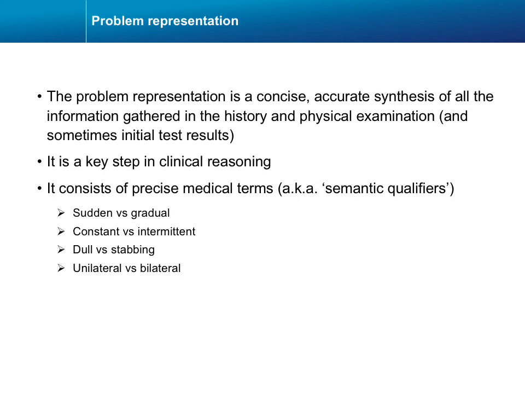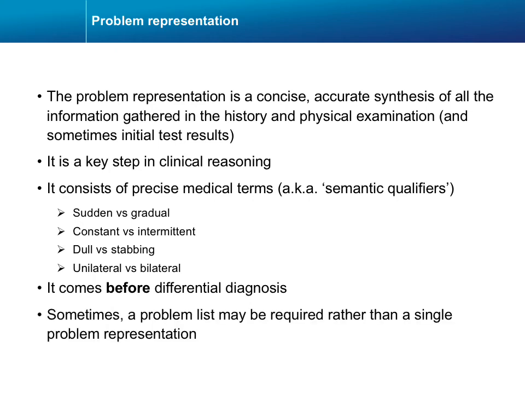It consists of precise medical terms. These are also known as semantic qualifiers. Binary abstract descriptors such as sudden versus gradual, constant versus intermittent, dull versus stabbing, unilateral, bilateral, mono, poly, etc. The problem representation has to come before the differential diagnosis.